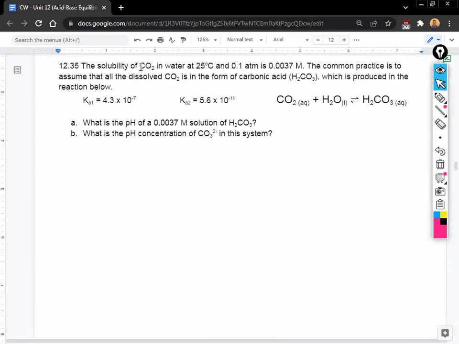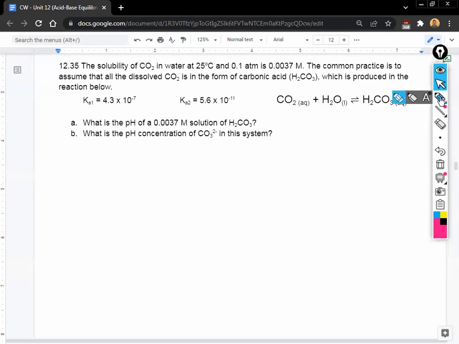Okay, so the solubility of CO2 in water at 25 degrees Celsius and 0.1 atmospheres is 0.0037 molarity. Okay, and we can assume that all the dissolved CO2 is in the form of carbonic acid, which is produced in the reaction below. Okay, first thing we want to try to find is the pH of this solution.